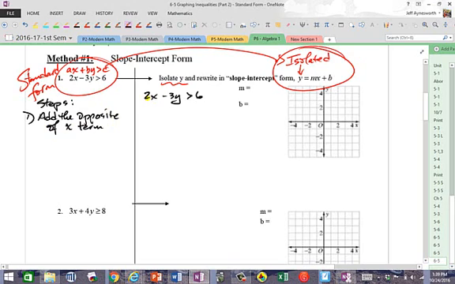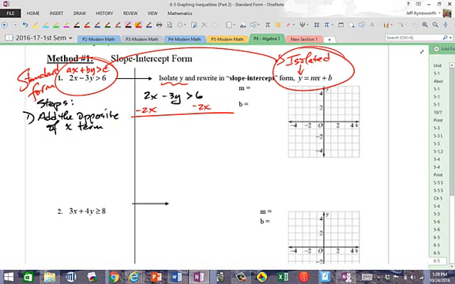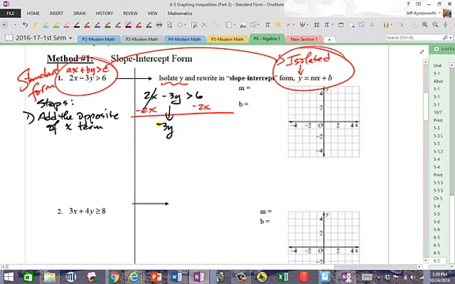So if you see positive 2x, look in red, you're going to add a negative 2x. If you go back to prior lessons, I said the same thing. If you want to pull out your notes, be my guest. Bring down the negative 3y. It's being subtracted here, so it's actually negative. That's a negative sign right there. So negative 3y is greater than negative 2x, write the x term first, plus 6 because 6 is positive.